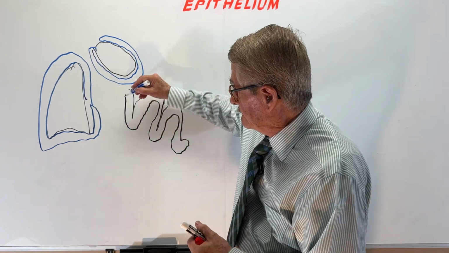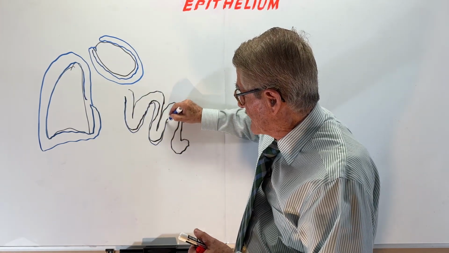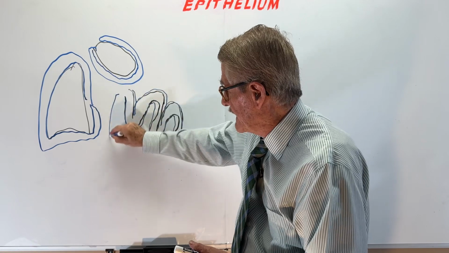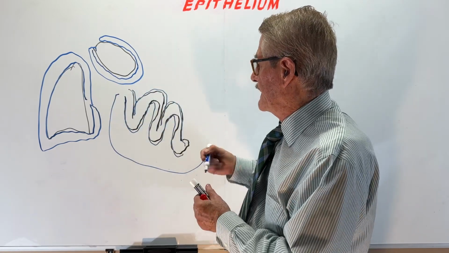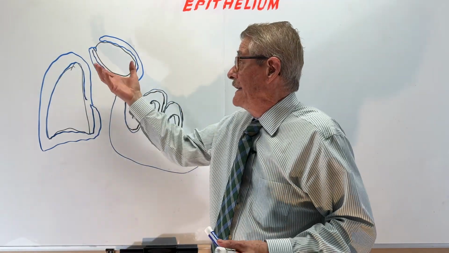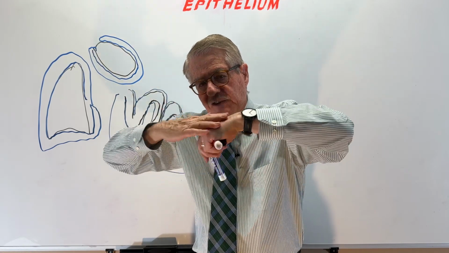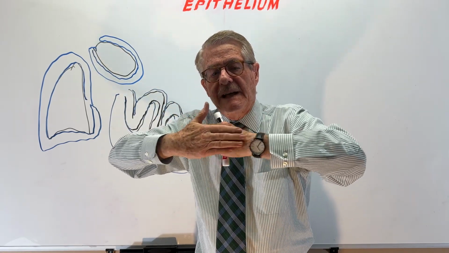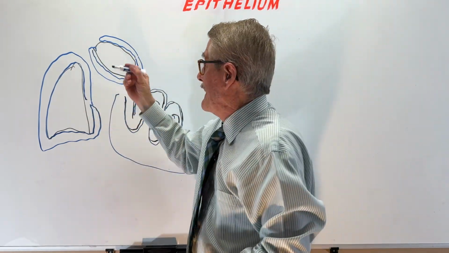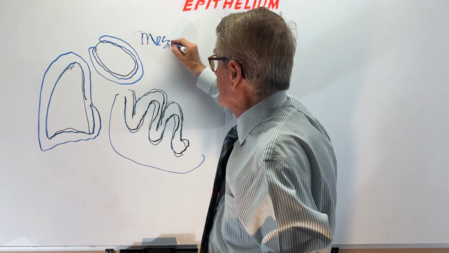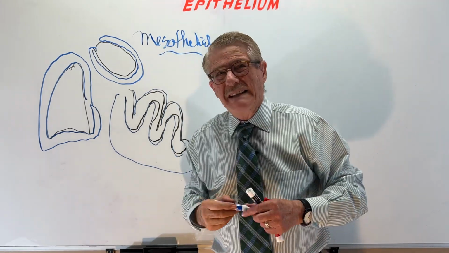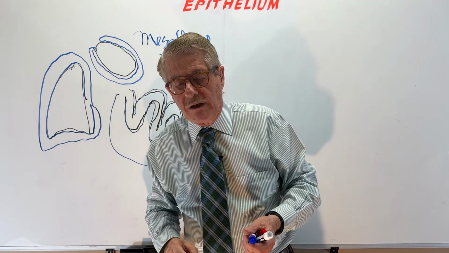But the bowel, especially the small bowel, is covered by peritoneum, the visceral peritoneum, and there is also the parietal peritoneum. What is happening here? You need a couple of layers that will slide very easily and without any interference. And the cells here, here, and here are called mesothelial cells. The name comes because they are of mesodermal origin.